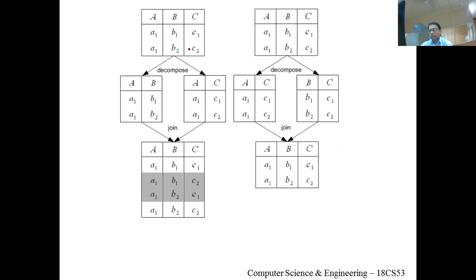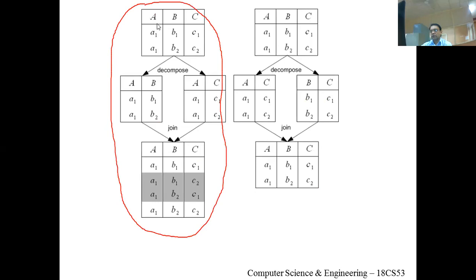Now we can see here this is not supporting the join dependency property, because we are decomposing the relation R of ABC into two relations, R1 of AB and R2 of AC. The lossless non-additive join property says that if we perform the natural join operation on R1 and R2, there should not be any spurious or additional tuples generated.